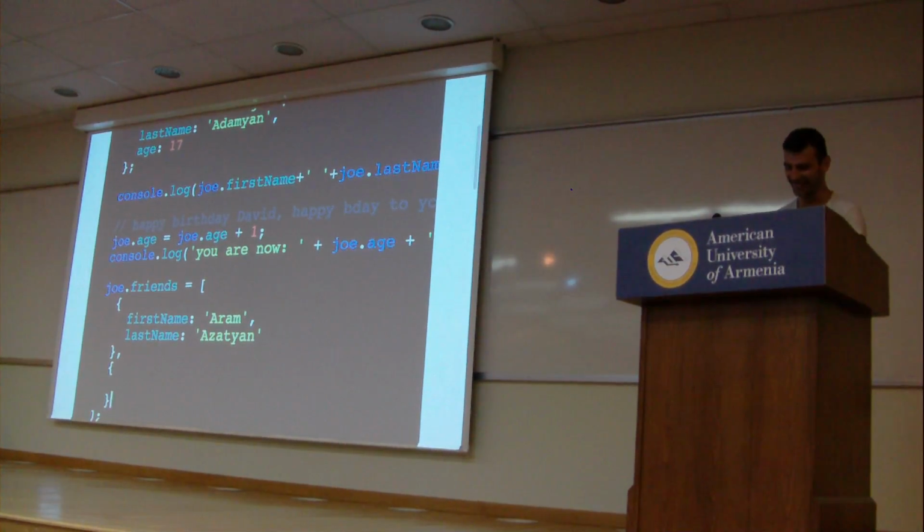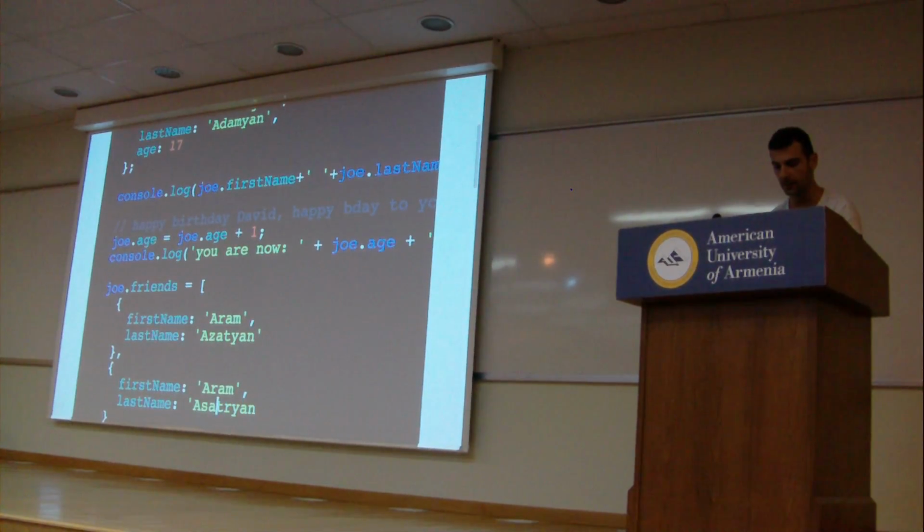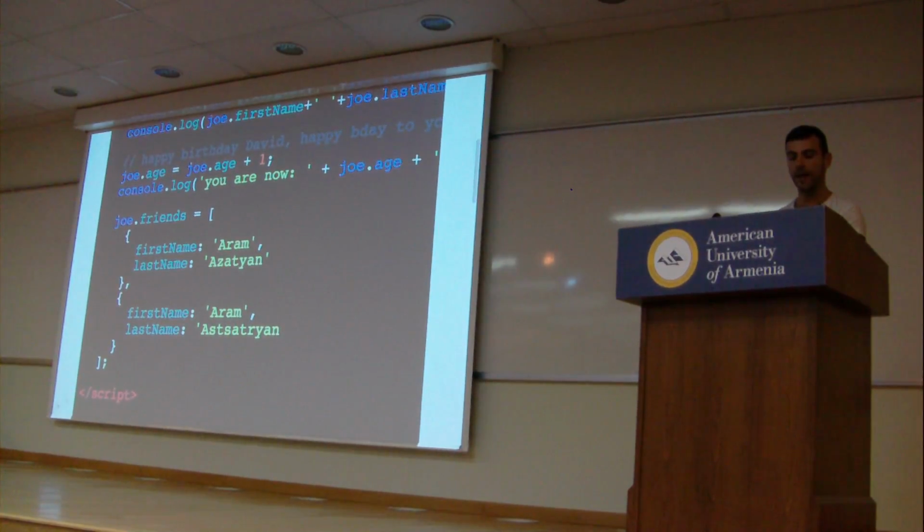Do you guys hang out in packs? It's like, hey, I want to be your friend. What's your name? Adam? Come on. We have an array of Arams. An array of Arams, exactly. Aram Can. Azat. A-S-T.